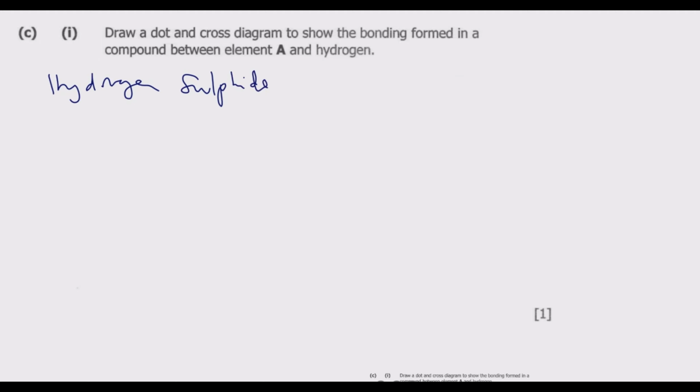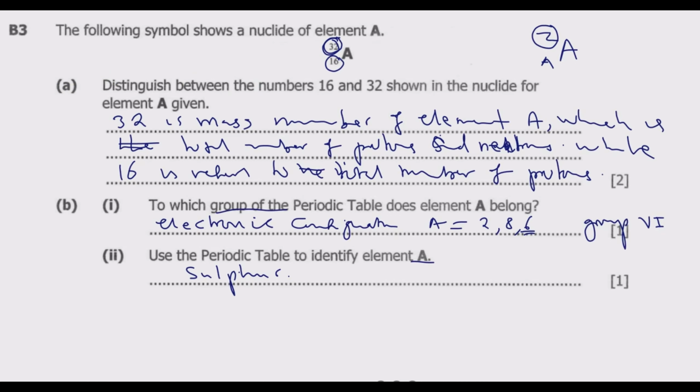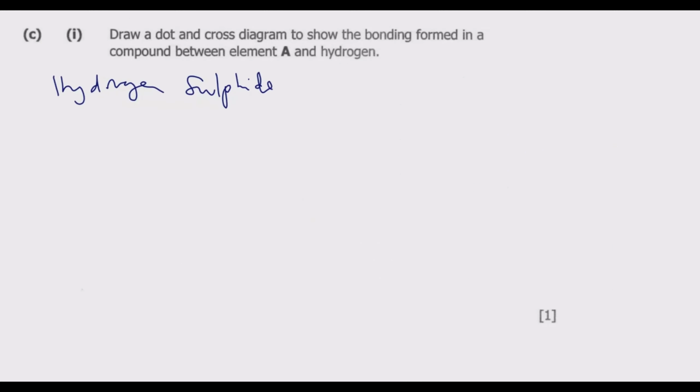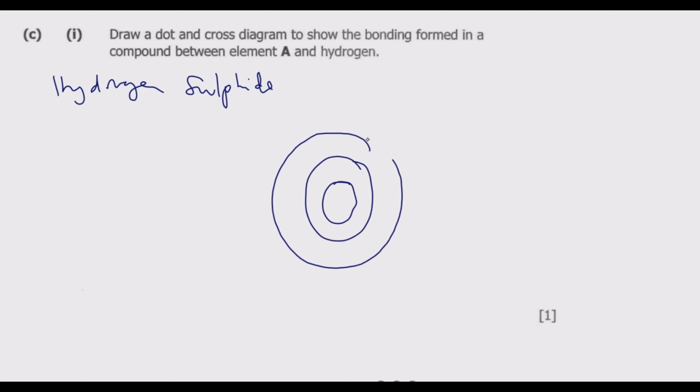So we know the electronic configuration of sulfur is 2, 8, 6. So let us start with the electronic configuration of sulfur. We are going to have the inner shells, then the outer shell.